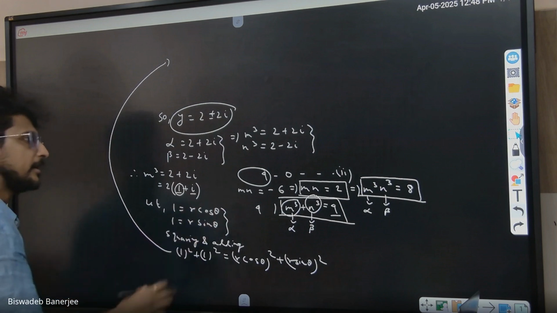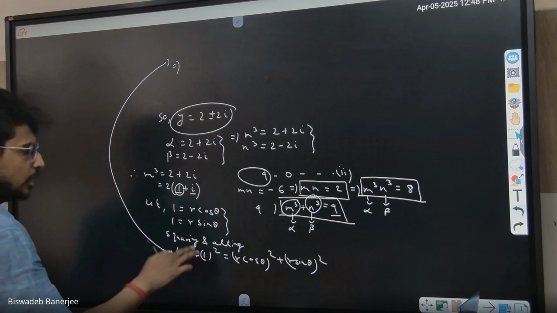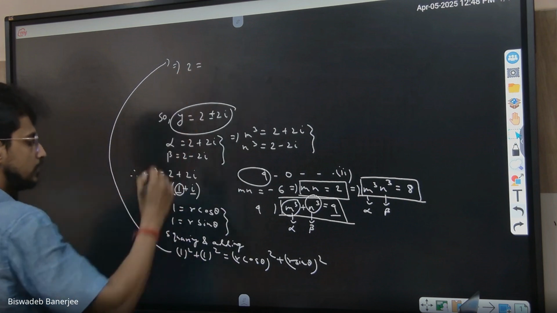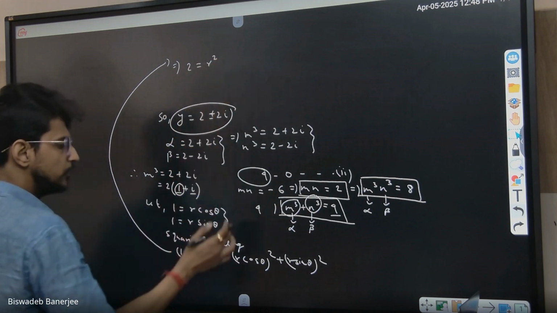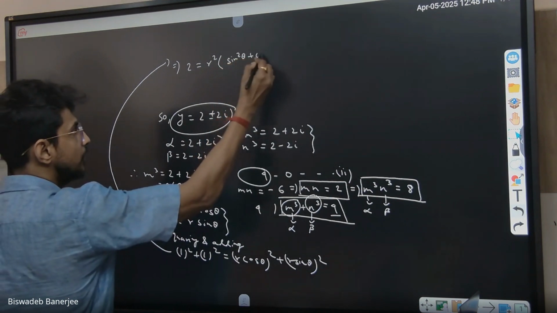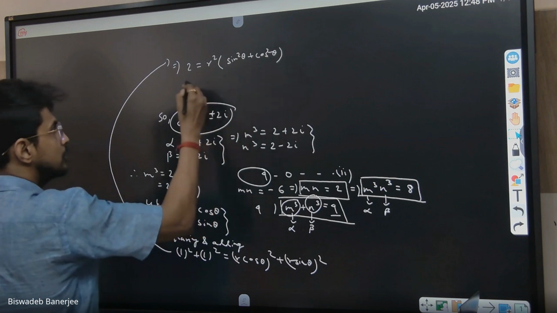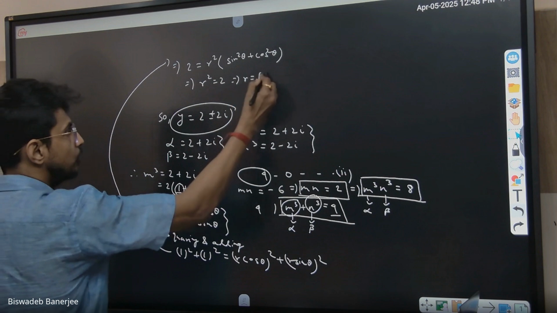We are squaring and adding. 1 square plus 1 square gives you 2. Then this is my r square. If we take r square common, this will be sin square theta plus cos square theta. This implies r square is equal to 2 and r is equal to root 2.